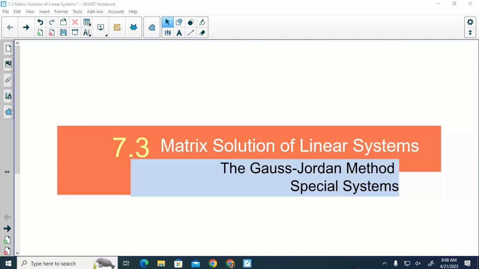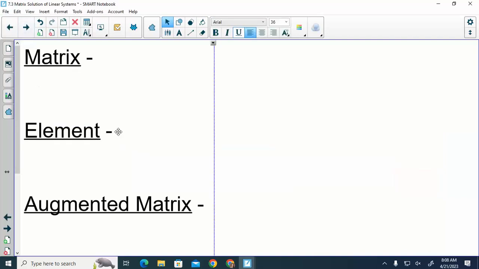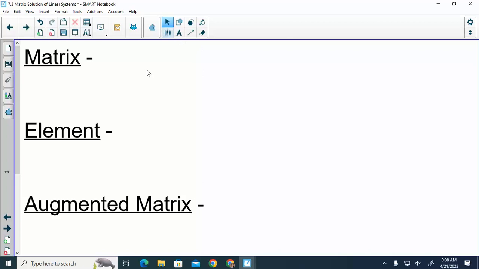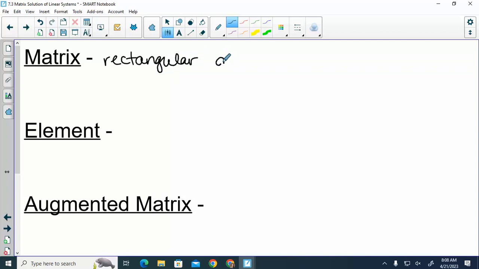So when I'm talking about a matrix, a matrix is just a rectangular array of numbers. Okay, it's used anytime you have a lot of data that you need to store.